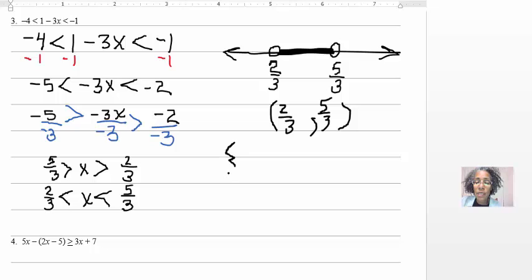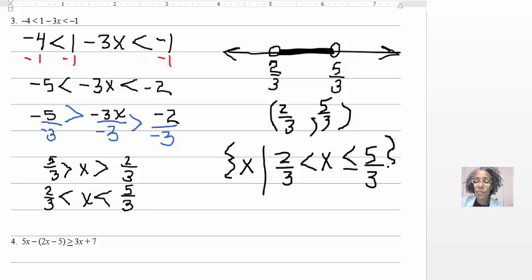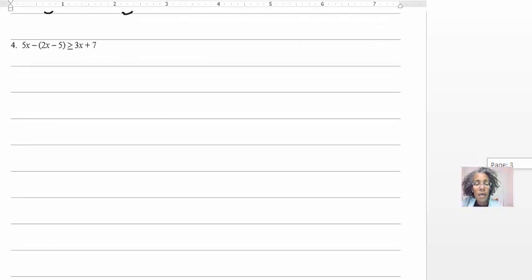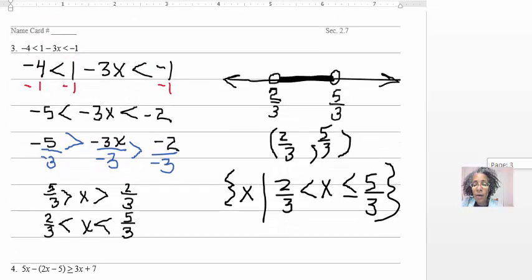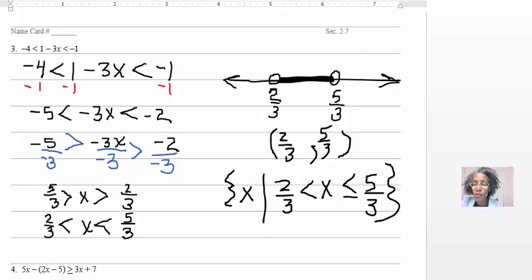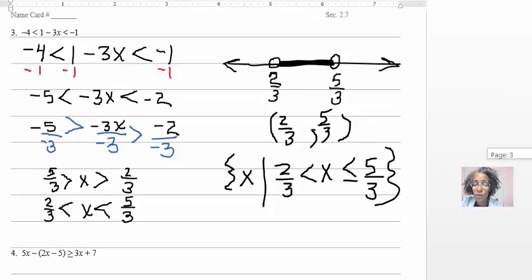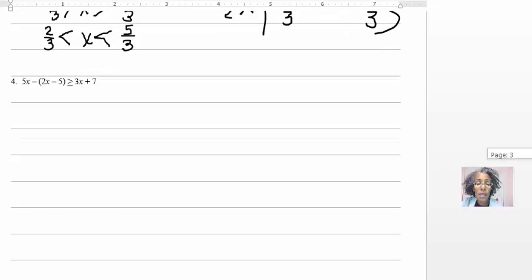And then using set builder notation, the set of all x such that 2/3 is less than x, which is less than 5/3. And that's how we would solve that compound inequality, and how we would represent the solution set in the three ways we were told to represent it.